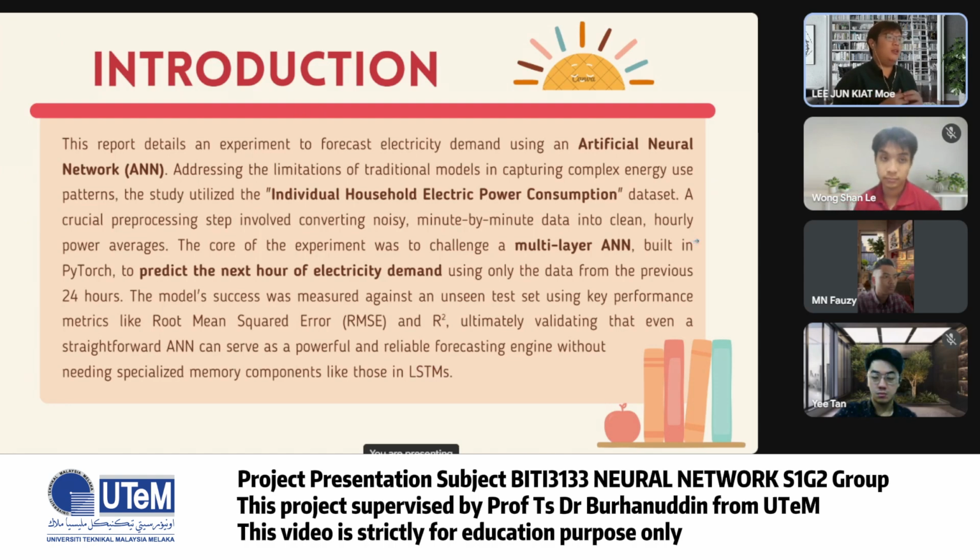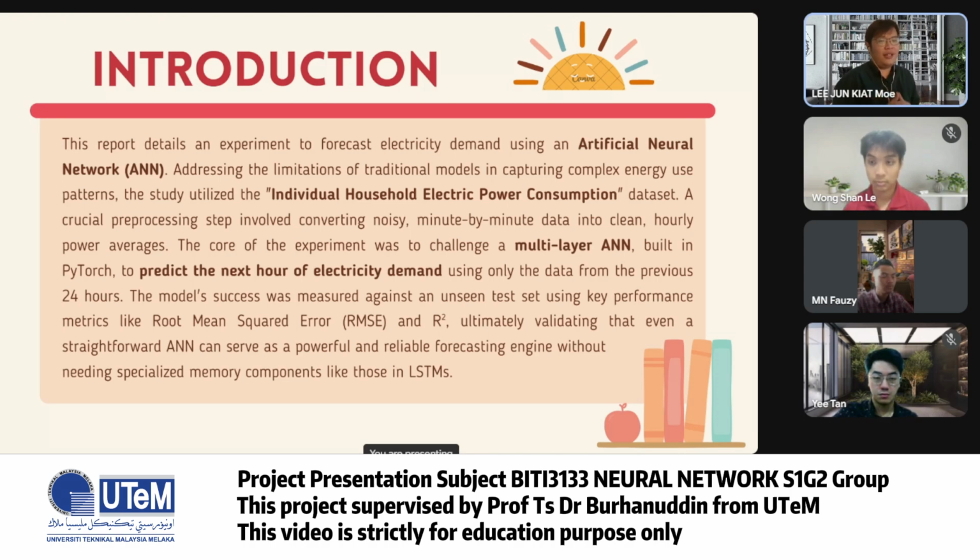Okay, so in this project, we are using the artificial neural network, ANN, in doing this prediction. And what we use is a dataset we call the individual household electric power consumption dataset. This dataset is about the electricity usage of the household. The pre-processing step involved is converting the noisy minute-by-minute data into a clean hourly power average.